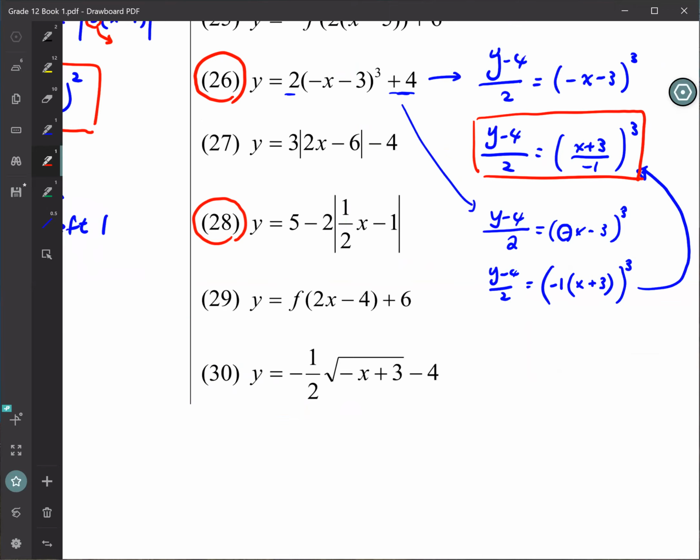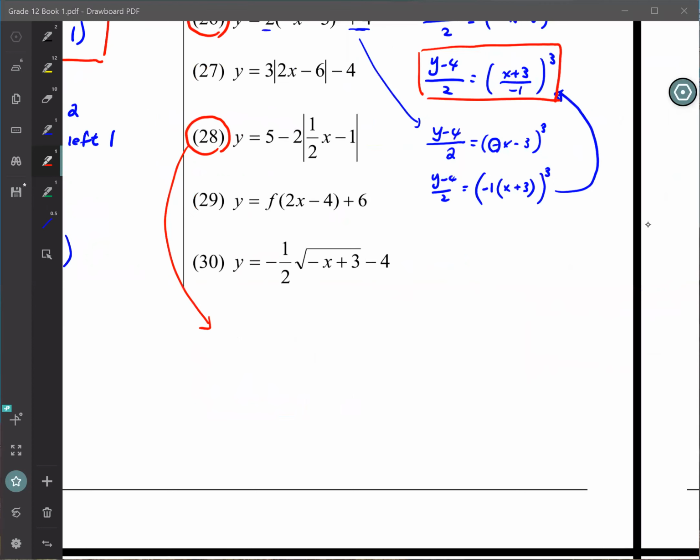Raise your hand if you finished. So 28 is an absolute value one.